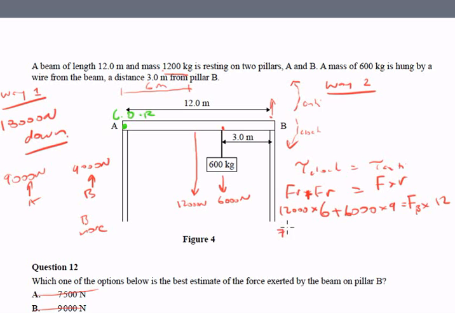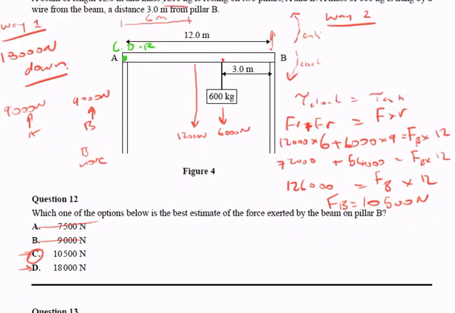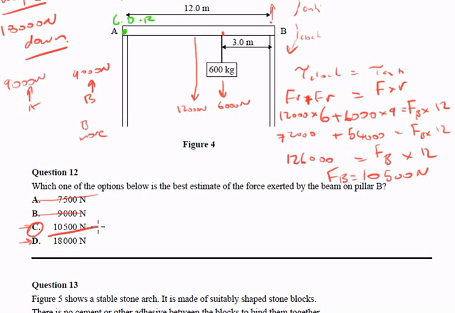We get 72,000 plus 54,000. That equals FB times 12. And that is 126,000 equals FB times 12. Divide both sides by 12. FB equals 10,500 newtons, which is what Paul said we get.